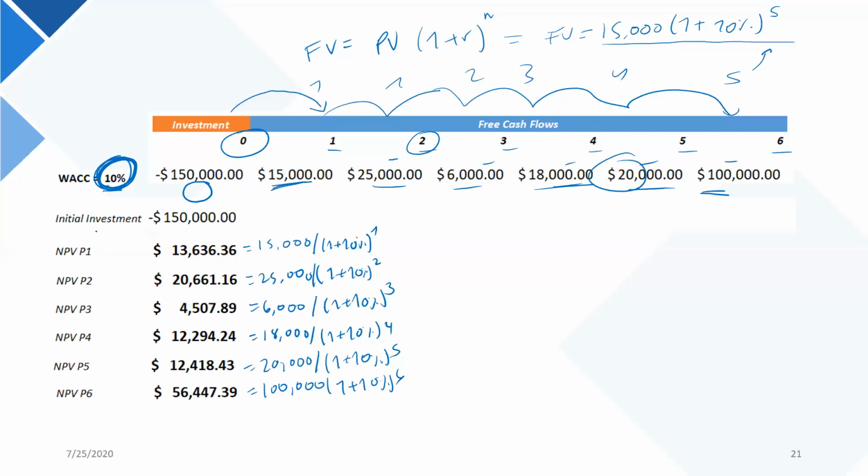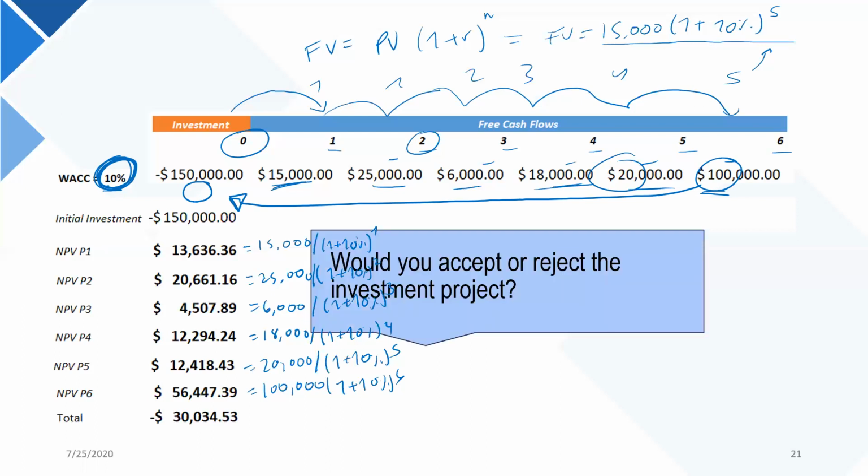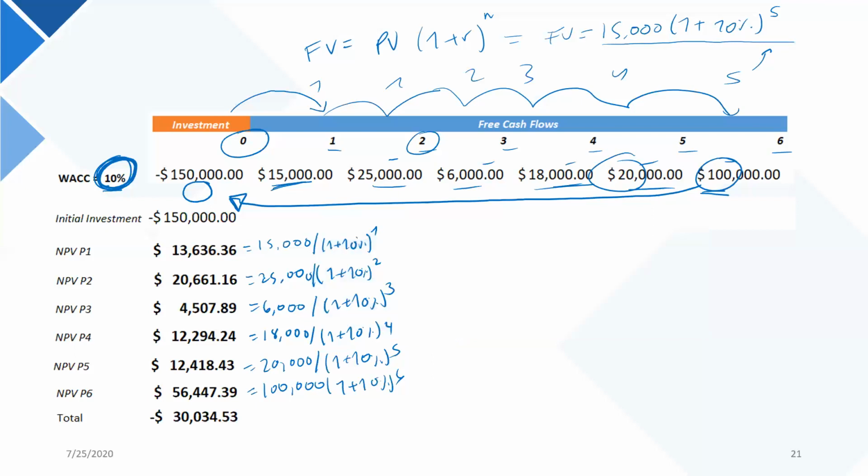So what we are doing here is we are taking these future values and we are bringing them into the future with hopes of analyzing all the cash flow of interest here at the same period. So you are actually comparing apples with apples. So that's what we are trying to do.